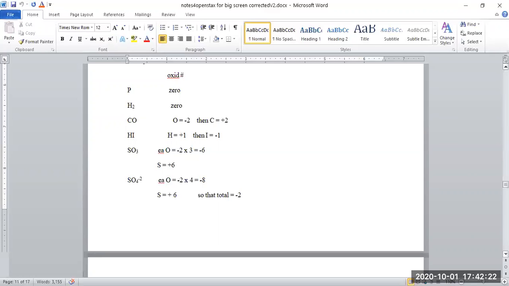The goal here is that I want to have all my negatives cancel out all my positives. Again, start kind of at the right-hand end and work your way backwards. If my oxygens are -2, and there are 3 of them, that end of the molecule is worth -6, which then makes the positive end need to be +6.